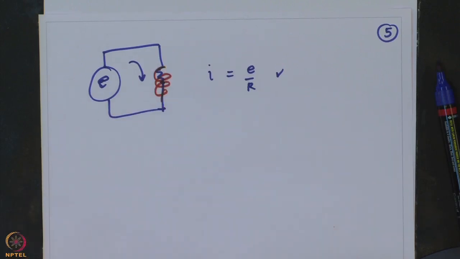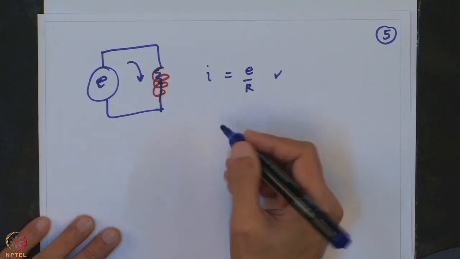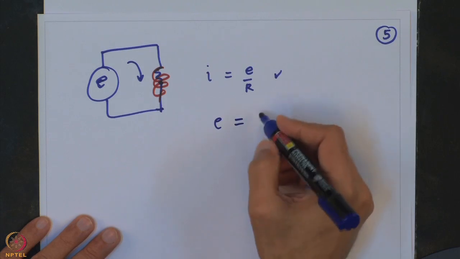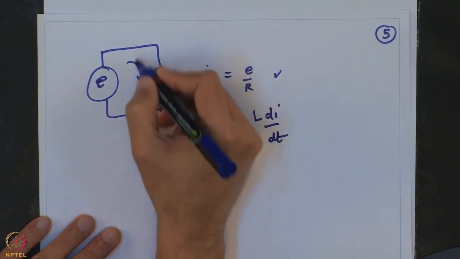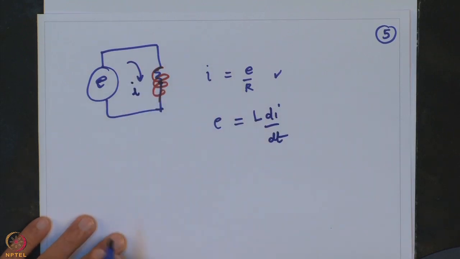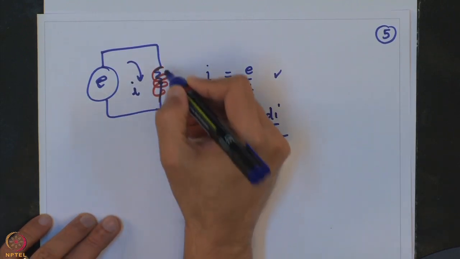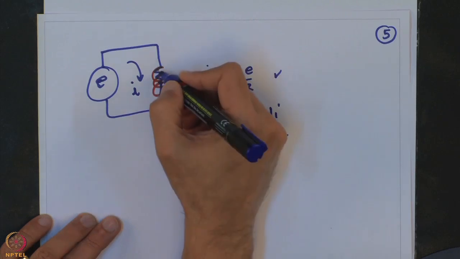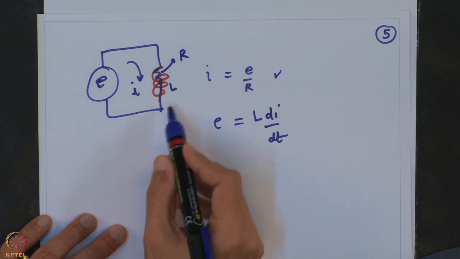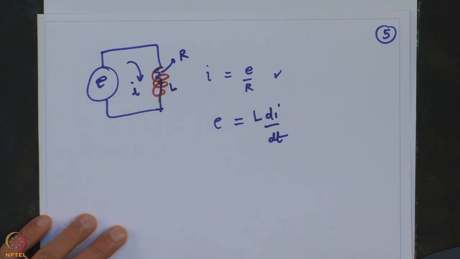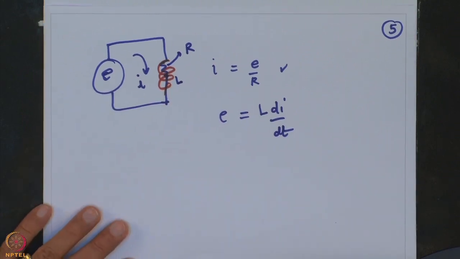It was an inductor. Then we will have to say that E is equal to L di by dt. Sorry, I should have written an I here. Okay, and this value of the inductor is L. Earlier the resistance I used, the value is R, let us say. Now we are considering the second case with only inductor being supplied by this excitation E.